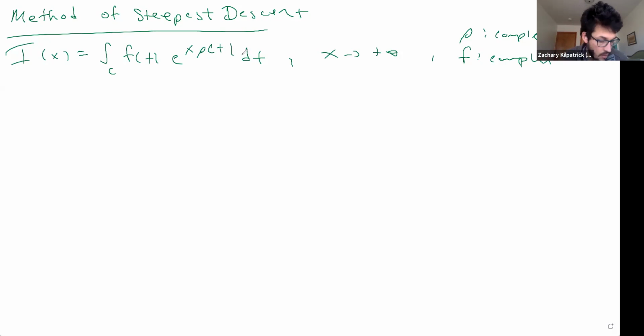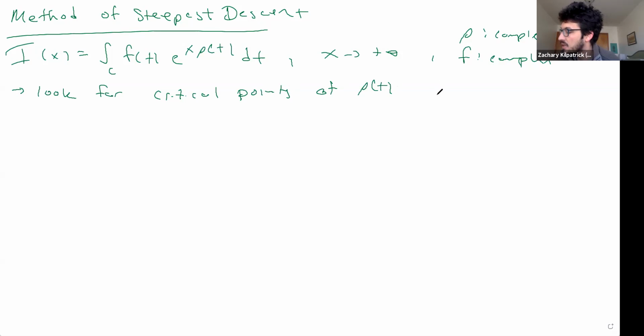Okay, so we're looking for critical points of rho of t that are saddles in the complex plane.